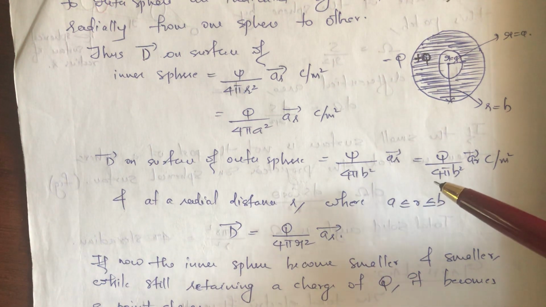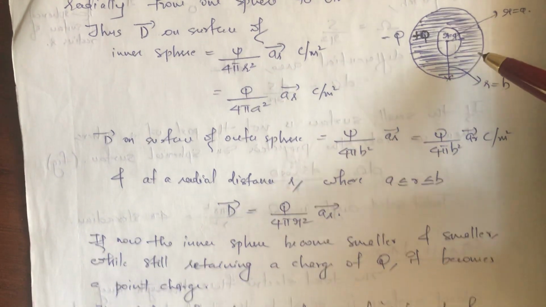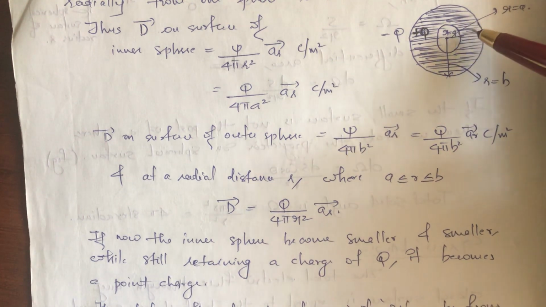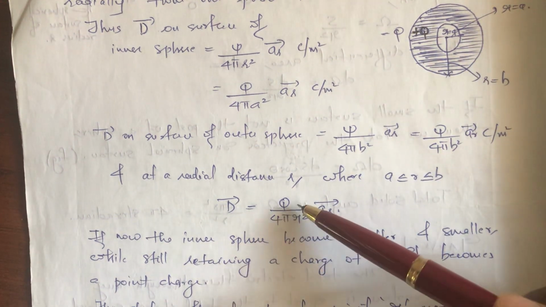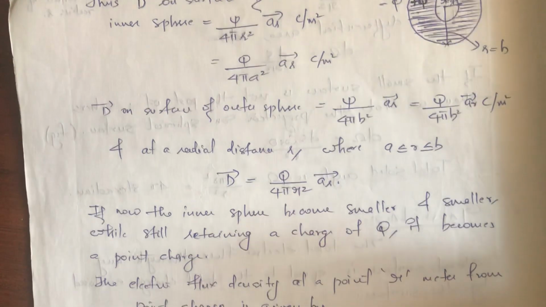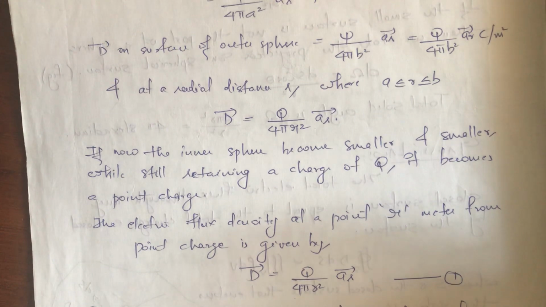At a radial distance r, anywhere in between a and b, D is equal to Q by 4 pi r square into vector a_r. If the inner sphere becomes smaller and smaller while still retaining a charge of Q, it becomes a point charge.